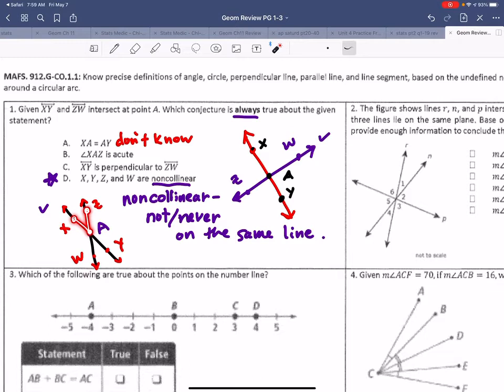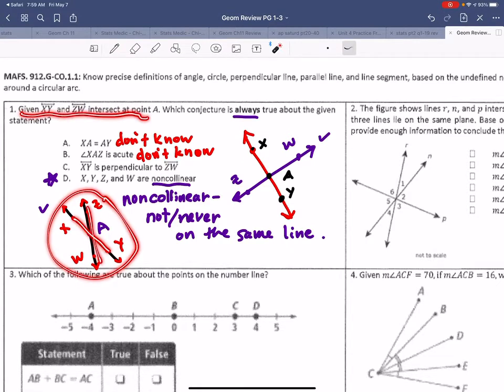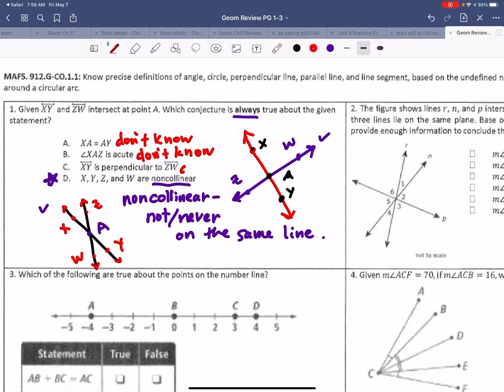I drew it as acute. XAZ there I drew as a right angle or close to it. So that's another something that we don't know. It says XY is perpendicular. Here I drew them as intersecting, which is all that we're given, and they are not. So that's something that could be true, but we don't know. So notice the only thing we know to always be true is that they can't be on the same line.